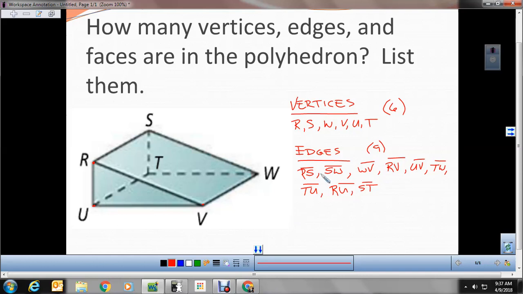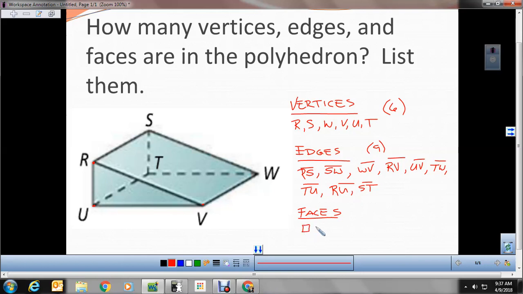In a second, we're going to make a relationship between all the vertices, the edges, and the faces. So the last one's going to be the face. So as we look at the faces, we have the face here, which is the top. It's kind of a parallelogram or a rectangle.